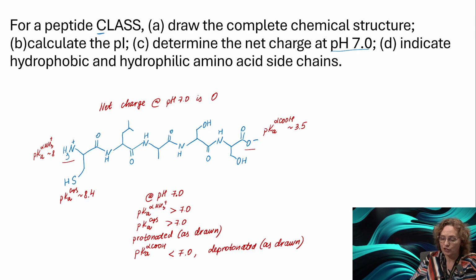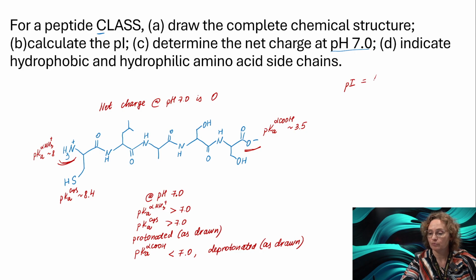And that's exactly the charge that we are looking for when we are determining pI. So pI will be the pH at which the amount of that neutral form that we drew is maximized, so this neutral form is present in its maximal possible concentration. And for that, we know we need to deprotonate this alpha carboxyl group as much as possible before we start deprotonating this group.